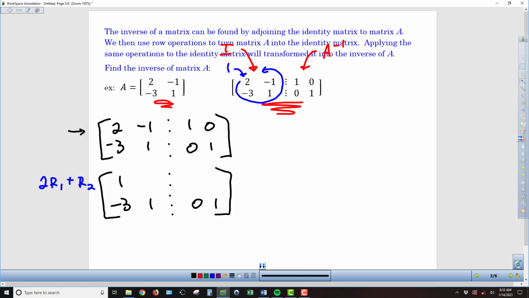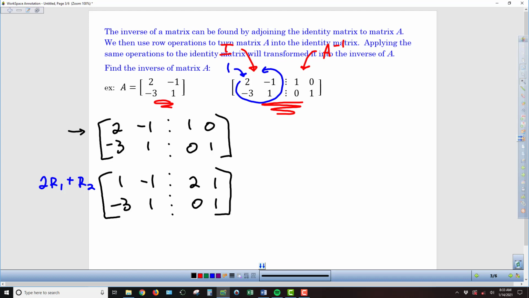Then I do the same thing. 2 times -1 is -2, plus 1 from the second row is -1. Then I go over to the other side. 2 times 1 is 2, plus the 0 below it is 2, and then 2 times 0 is 0, plus the 1 below it is 1. So what I've done is I've replaced that top row with 2 times the top row plus the row below it.